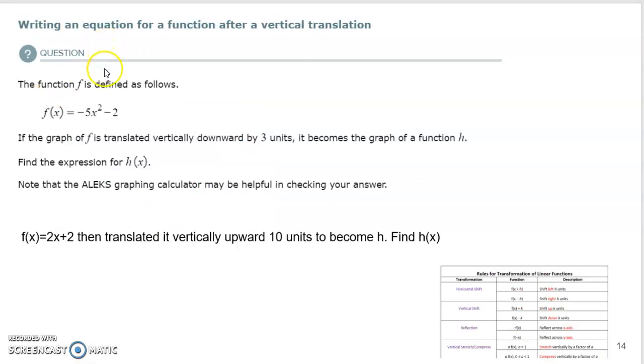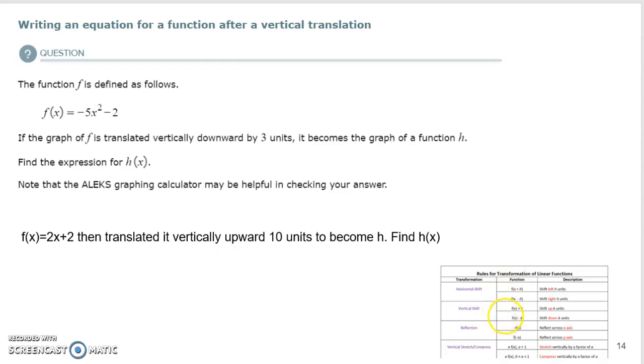So now we're writing equations. It gave us this f equation. f of x equals negative 5x minus 2. Now it wants us to translate it vertically downward by 3 units to become the function h. So if I am moving it downward 3 units, you're going to look at your chart.